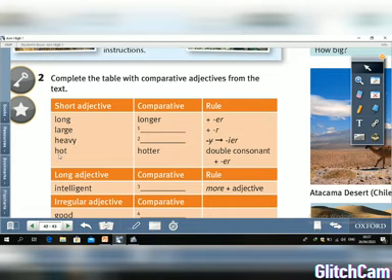Hot, we doubled the last consonant because before the consonant there is a vowel sound, which is o, like big, to become hotter.